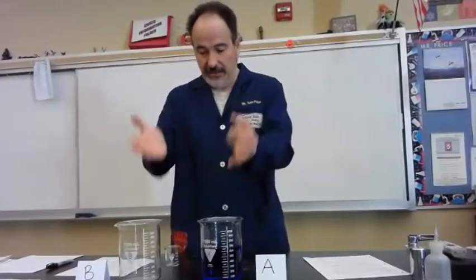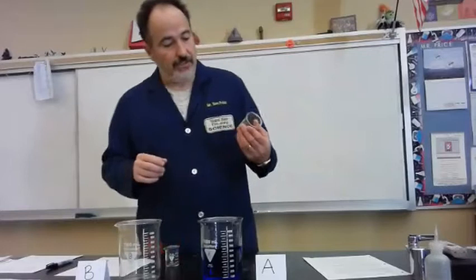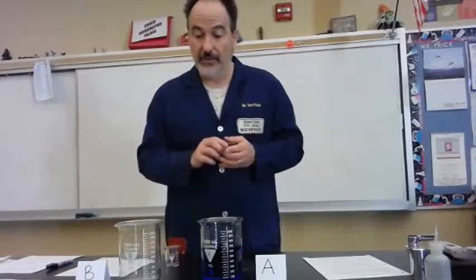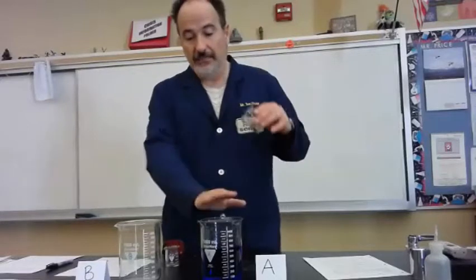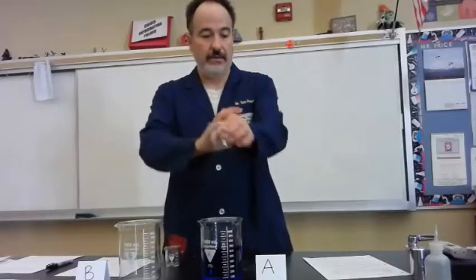So you now have the initial volumes, and for the first cycle, the rule is I cannot tip these at all. I can only keep them flat when I transfer them.